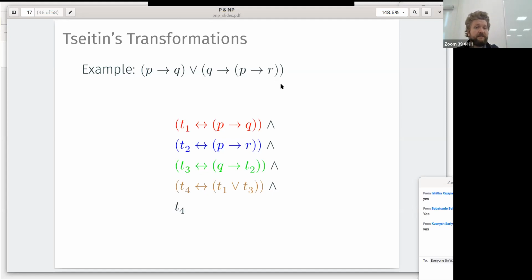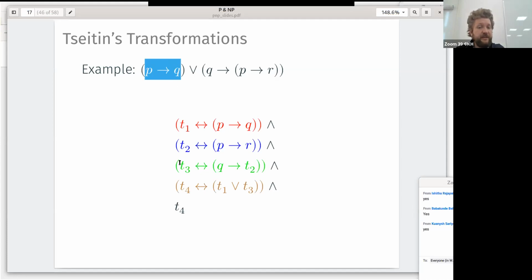Why? Well, if this conjunction is satisfiable, we just take this satisfying assignment and take its sub-assignment for P, Q, R. So we forget about the values for T1, T2, etc. And take this and substitute it here. So what happens? We have these equivalences. So this means that the value for T1 is the same as the value for P implies Q under this assignment, right?